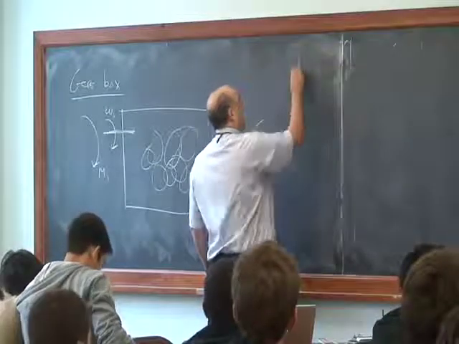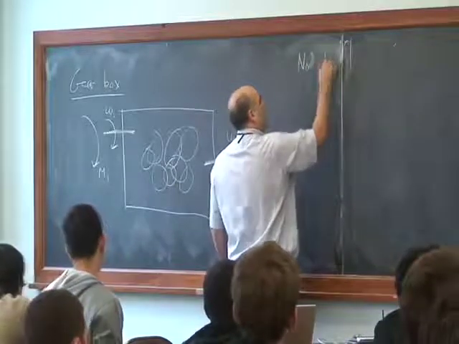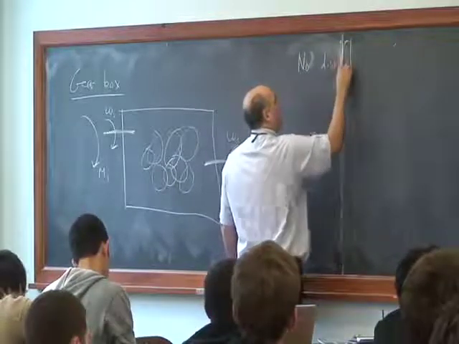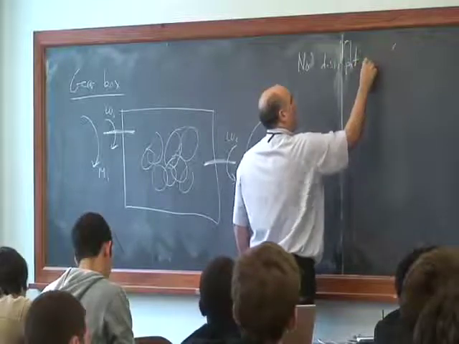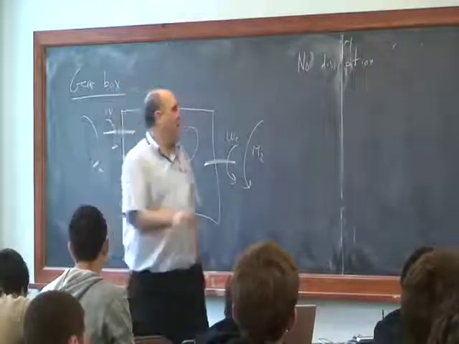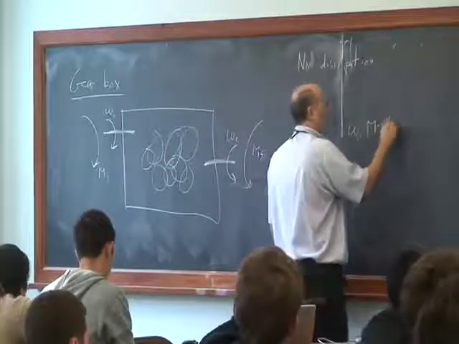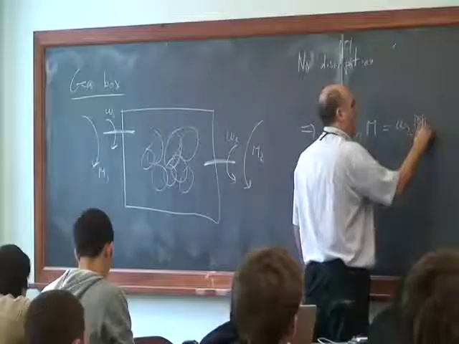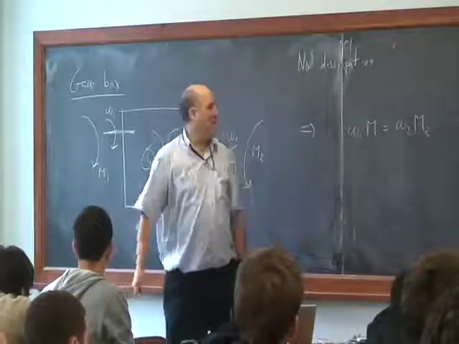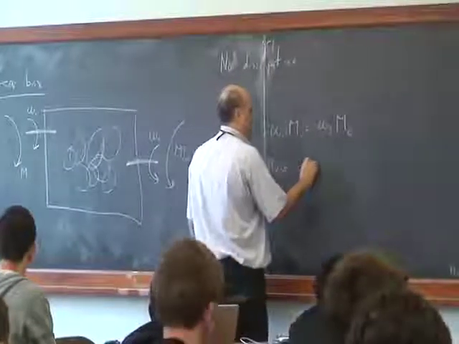So if the gearbox is not dissipative, no dissipation, and not only no dissipation, but no gunpowder and no gasoline, it's a gearbox, not a motor, then we get that omega 1 M1 is equal to omega 2 M2. And again, I'm being sloppy about signs, but what this says is that the power in is equal to the power out.